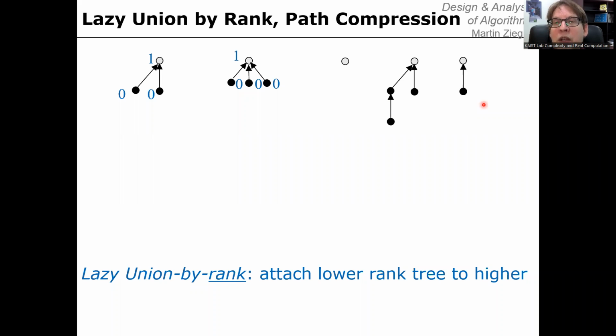Attaching a tree with smaller depth to a tree with larger depth doesn't increase the depth, except if both trees have the same depth. So when ties need to be broken, things start to become subtle and challenging.